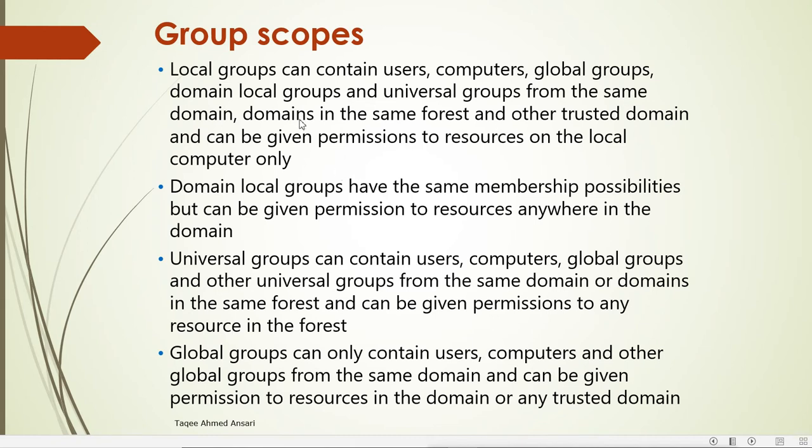Then domains in the same forest and other trusted domains can be given permission to resources of the local computer only. By using this local group scope, domains in the same forest and other trusted domains can be given permission to resources on the local computer.